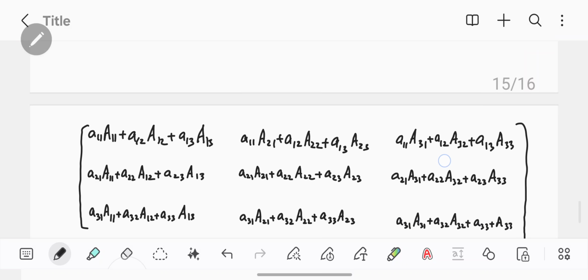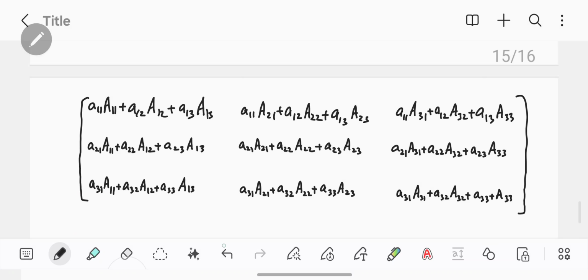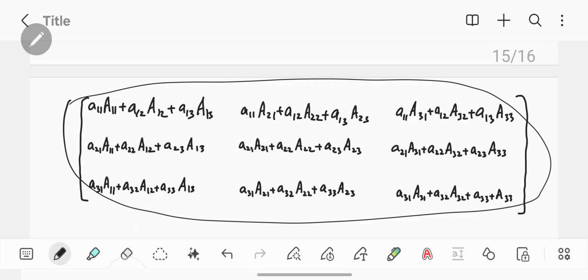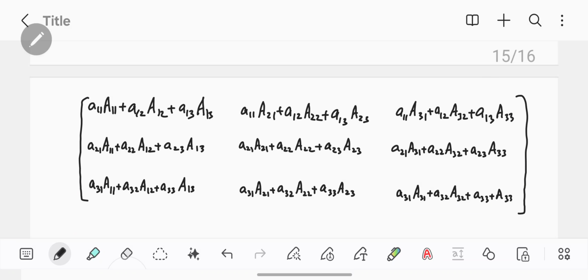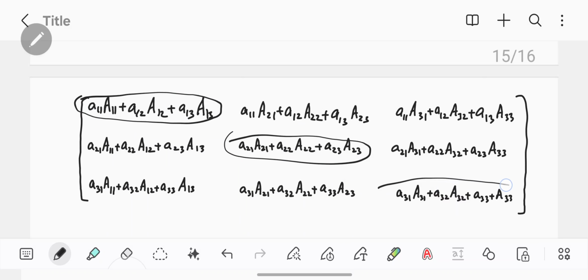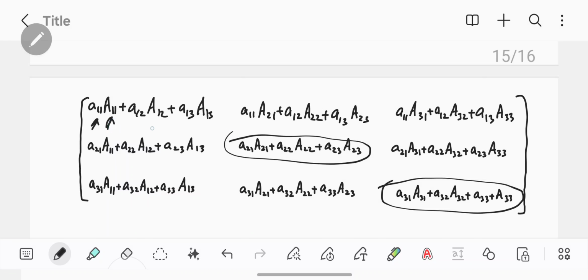Now if we look at this product, we have two kinds of entries. Look at these three values. Here you will check the indices are the same: A11 A11, A12 A12, A13 A13. Also here the indices are the same: A21 A21, A22 A22, A23 A23.